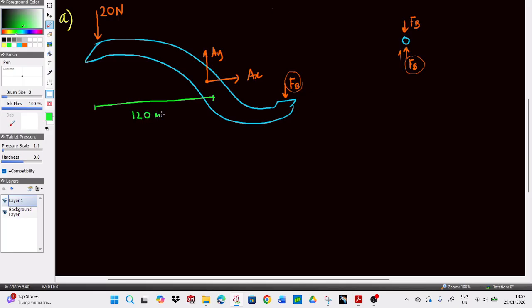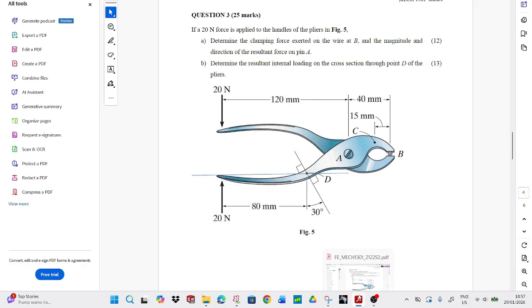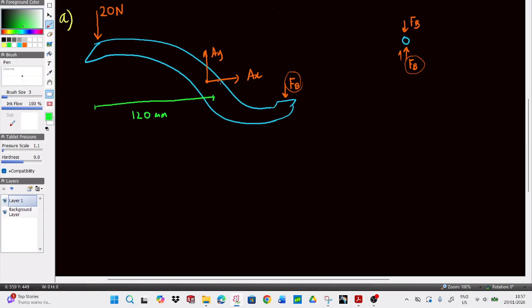Then from A to B it's about 40 millimeters.